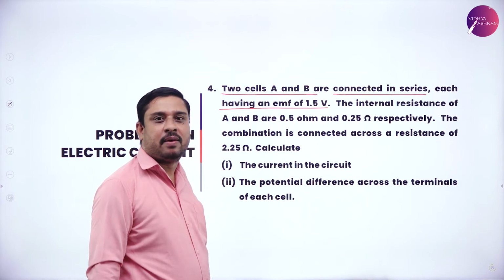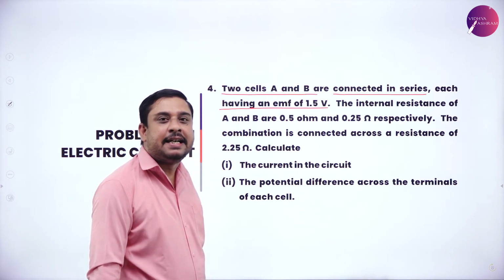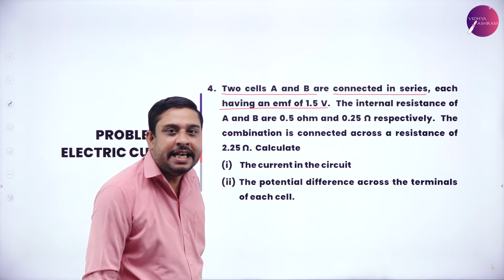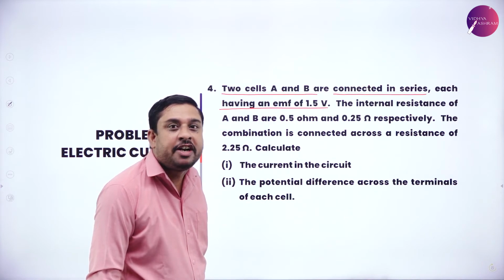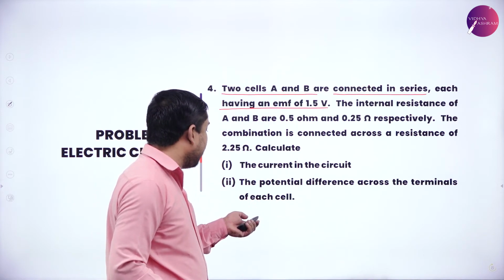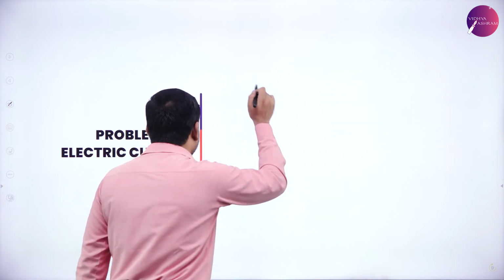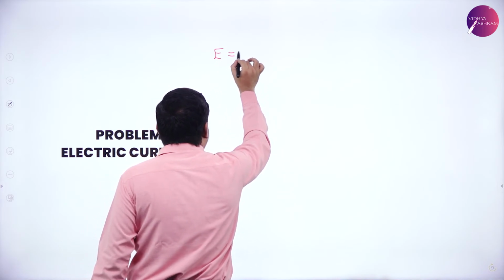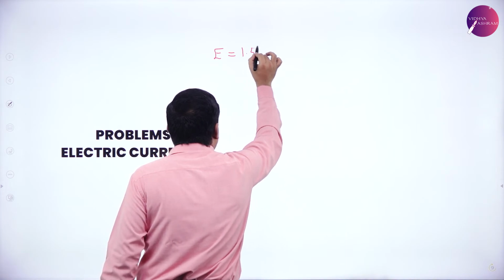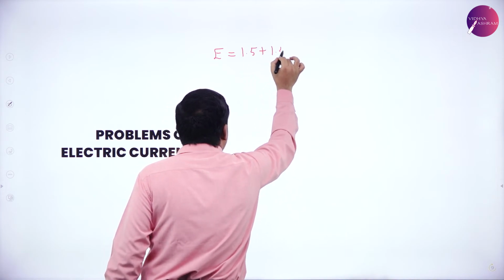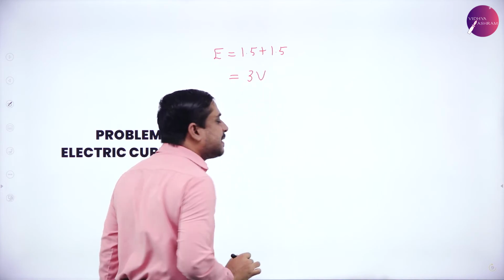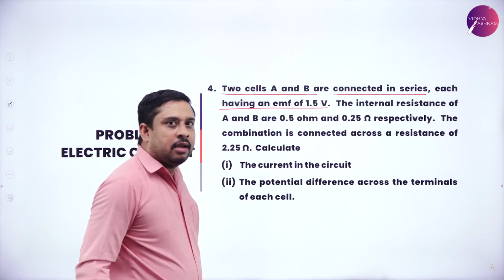They are connected in series. Therefore, the total EMF, since they are connected in series, is 1.5 plus 1.5, this is 3 volts.